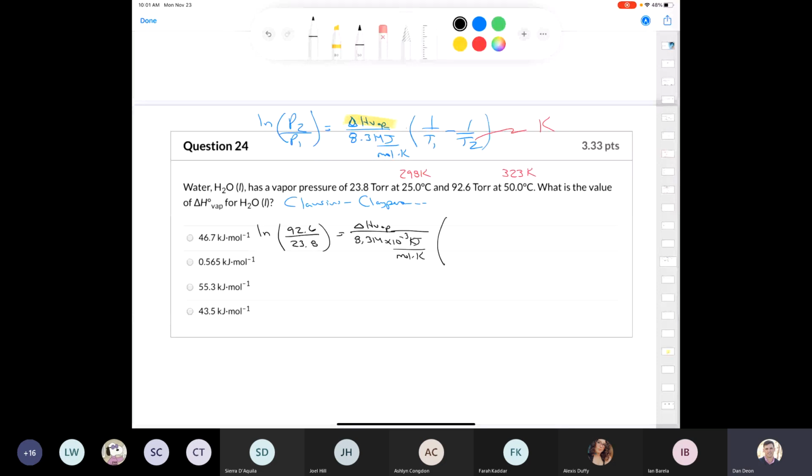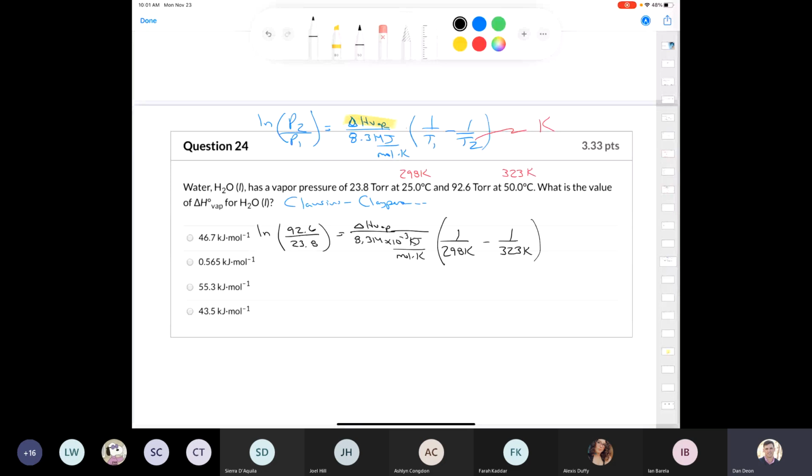Then we have 1 over T1, which is 298, subtract 1 over 323. So we punch all that in.